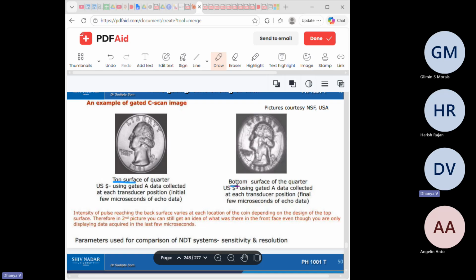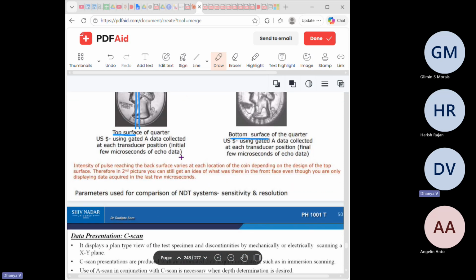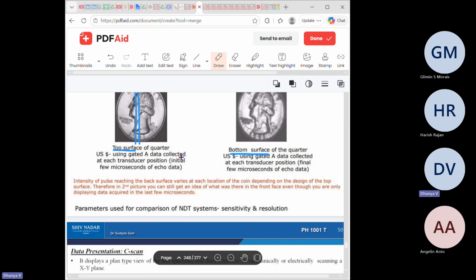It more or less looks the same. You can draw partitions in every unit and scan. That is how the scanning happens from left to right. You use your transducer and traverse through the whole thing. That's how you sense what is there.